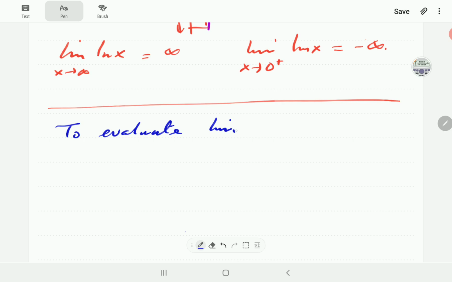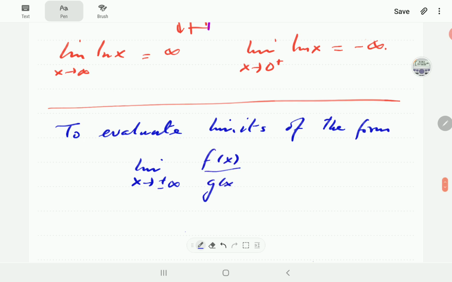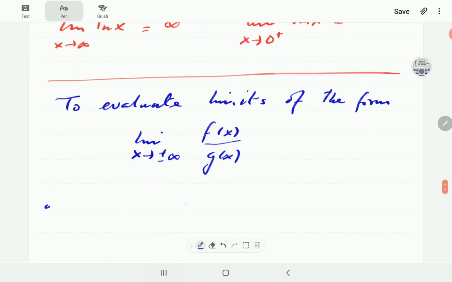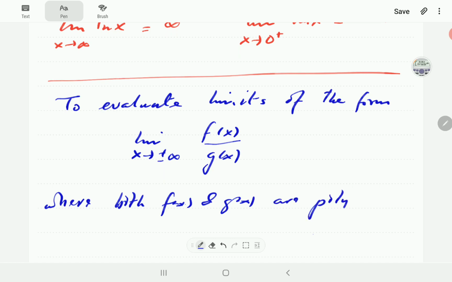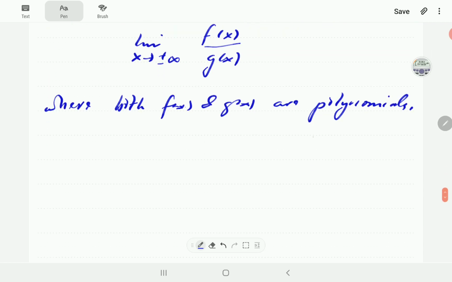So to evaluate limits of the form, as x goes to plus or minus infinity, of f of x over g of x, where both f and g of x are polynomials, there are two ways we're going to do this.